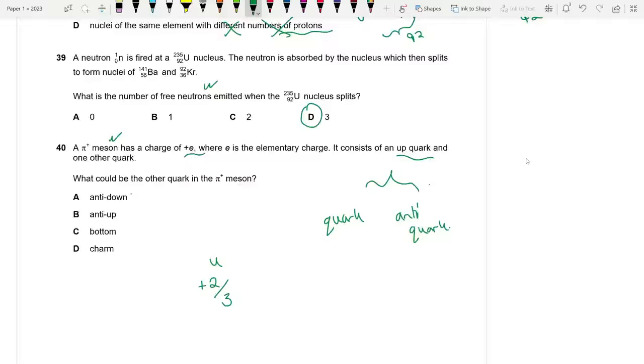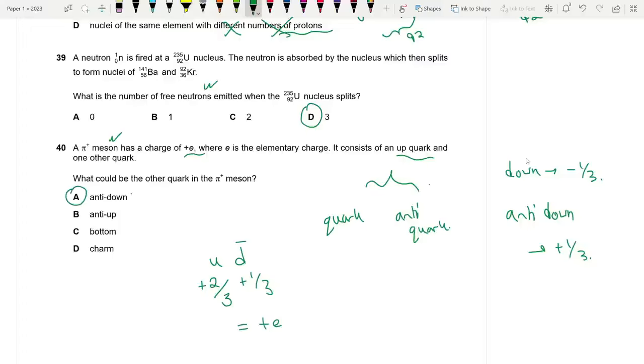Now, what does a down quark have? A down quark has a charge of minus 1 by 3. Now, what about the anti-down quark? It does have a charge of plus 1 by 3. So if it's anti-down, let's add this, plus 1 by 3 gives us a charge of plus e. So yeah, it seems like we have our answer.